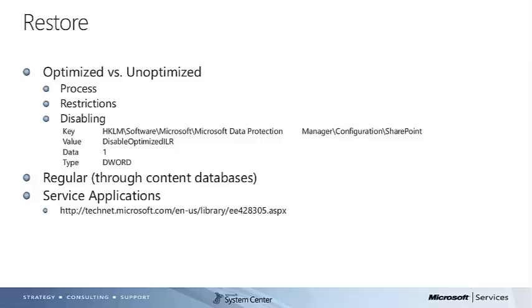Once it fails for whatever reason, whatever condition you're hitting, it will then turn around and try the unoptimized. If you don't want to walk through that every time and you just know that you're going to need to use the unoptimized, you can put this registry key on the DPM server, and basically it does exactly what it says: it's going to disable the optimized workflow and force it to use the unoptimized workflow on every restore.